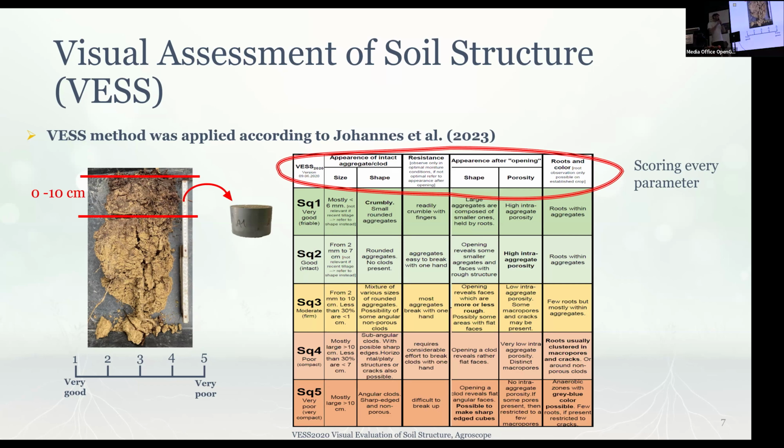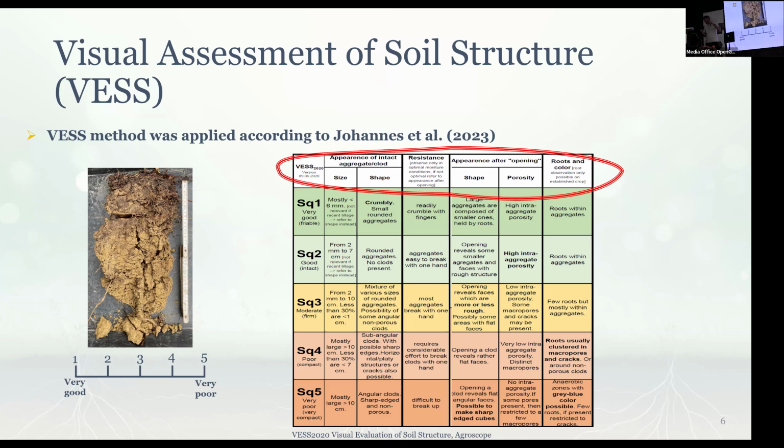We score it from 1 being really good to 5 being really poor, based on this table, which is from Agroscope from a couple of years ago. Usually you would not score every single parameter; you would take all of it and look at which score it would actually fit. But for the beginning, we wanted to score every parameter just to see if it really fits.